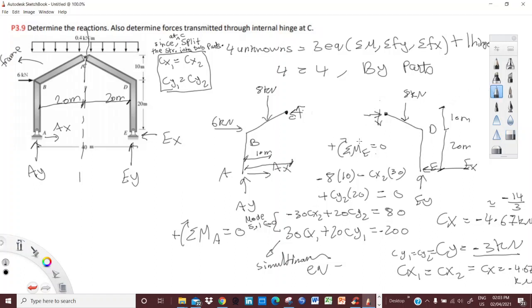So here Cx is 14, so we have here Cx is equal to 14 over 3 kilonewton, and Cy, which is the upward, is equal to 3 kilonewton. So we have here Cx, which is 14 over 3 kilonewton, and Cy here we have equal to 3 kilonewton.